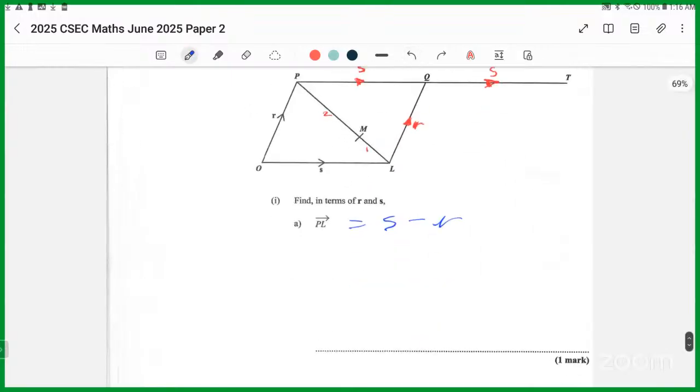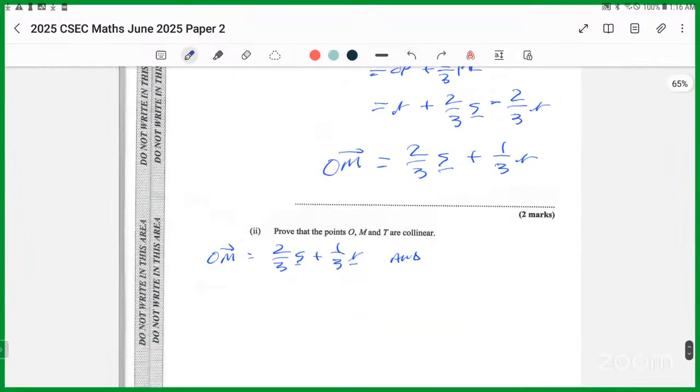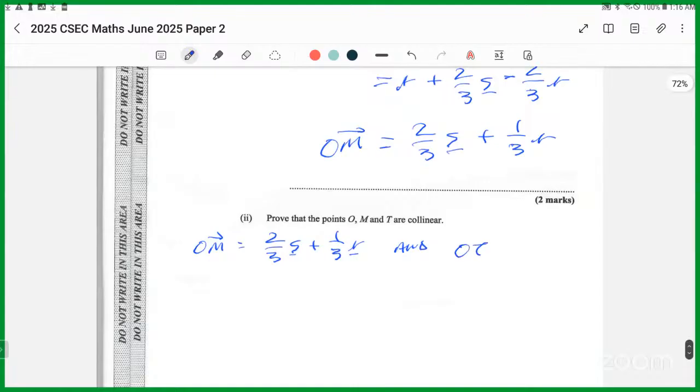You can use any two vectors. So we want to use OT, which is R plus 2S based on the diagram. Since OM has the S in front, I want to write this the other way around and put 2S plus R, because we want to now compare these two vectors.